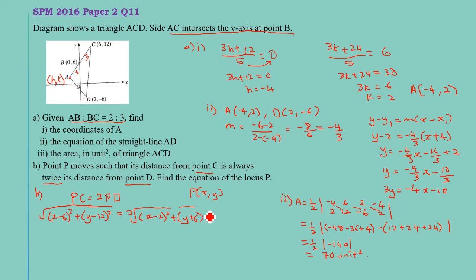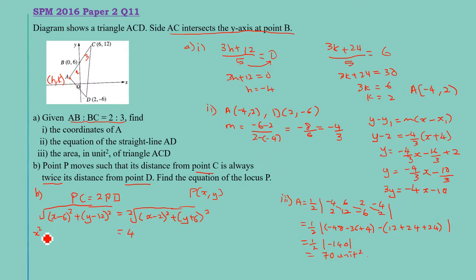Be careful with the plus sign again. Now we need to remove the square root, so we square both sides. So can you see the 2 here? It becomes 4.